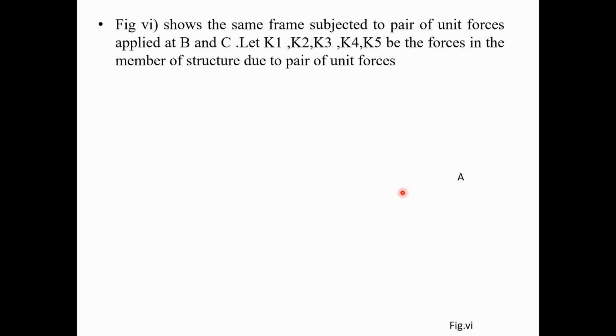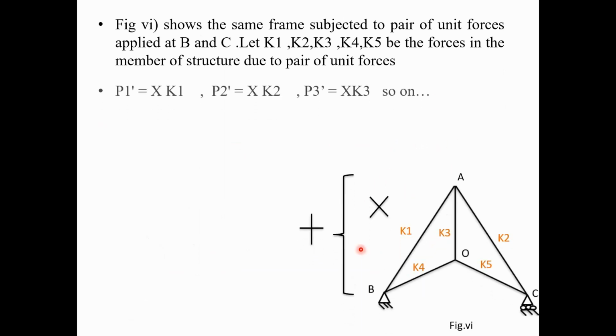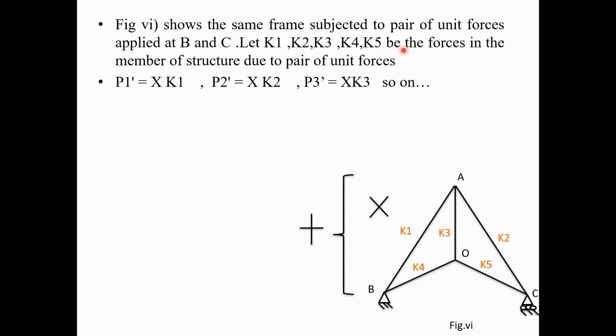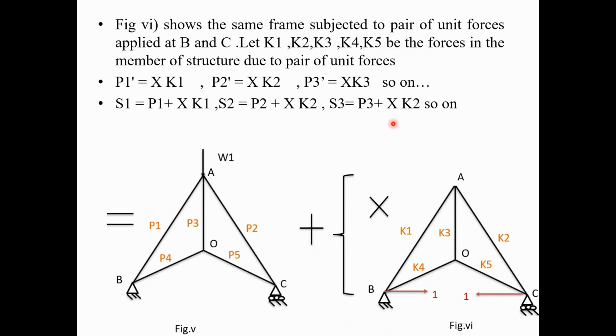Now figure 6 shows the same frame subject to a pair of unit forces applied at B and C. Let K1, K2, K3, K4 and K5 be the forces in the members of the structure due to the pair of unit forces. So here you take X common, meaning by taking this X outside, we just apply one unit force at B and C. We find out the effect of these unit forces in the members of the truss, and that effect we call K1, K2, K3, K4 and K5.